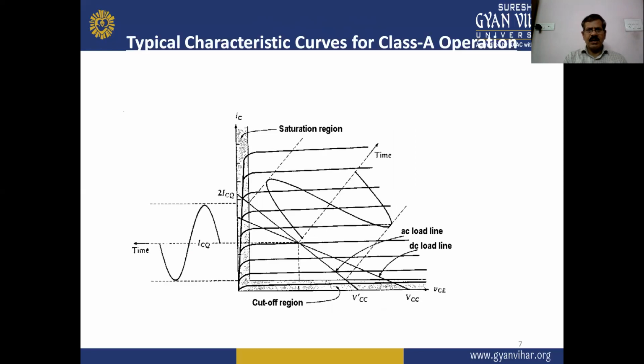So here is the typical characteristic curve for class A operation. This is the graph between collector current versus collector to emitter voltage. So this characteristic curve shows the class A operation.